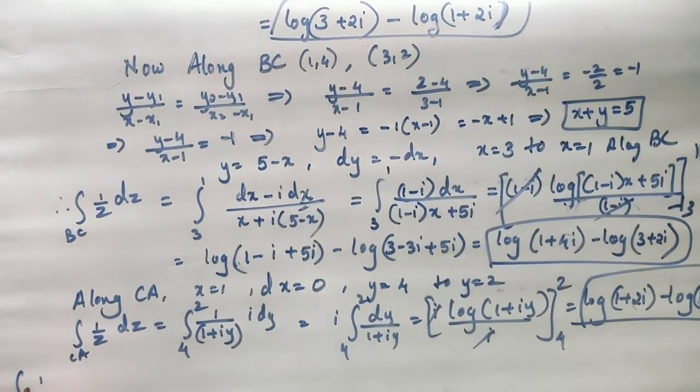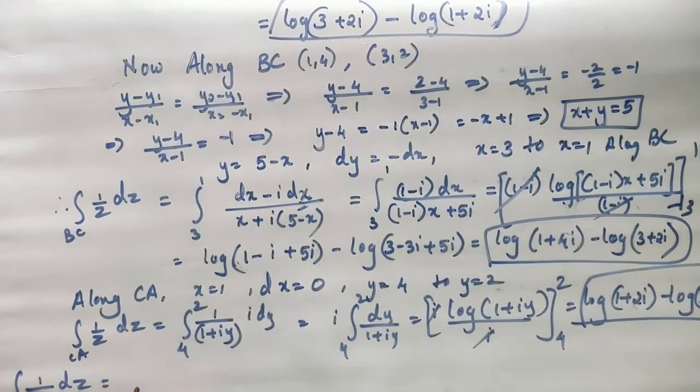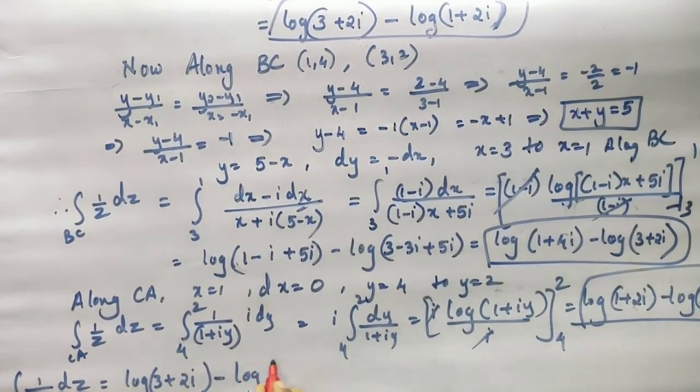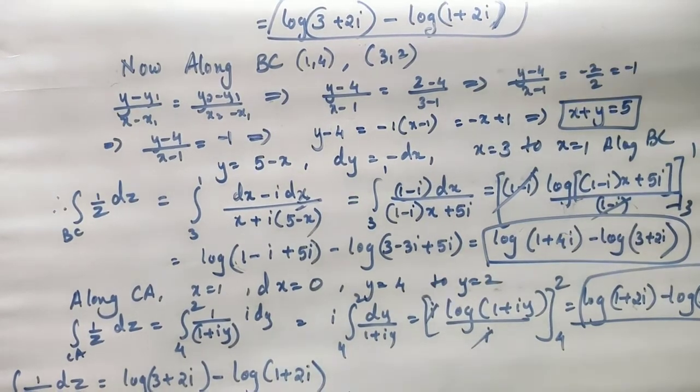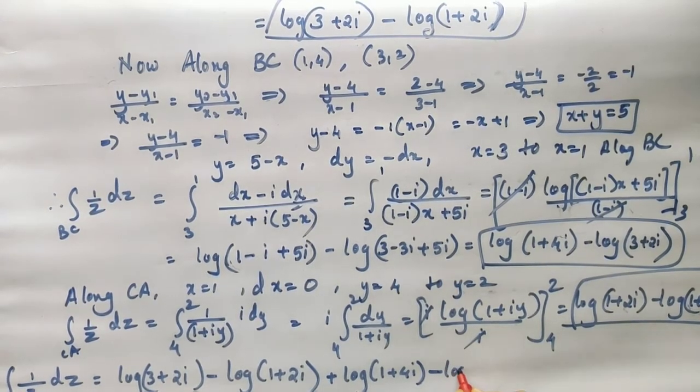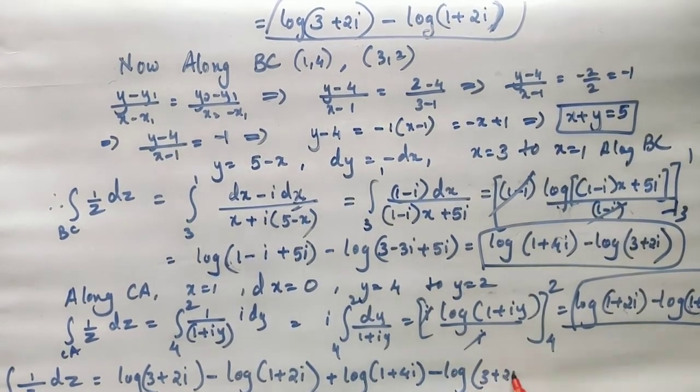The integral over the curve C1 of 1 by z dz will be, along AB we got it as log of 3 plus 2i minus log of 1 plus 2i. Next we got plus log of 1 plus 4i minus log of 3 plus 2i.